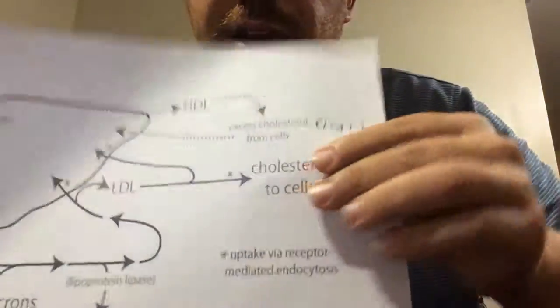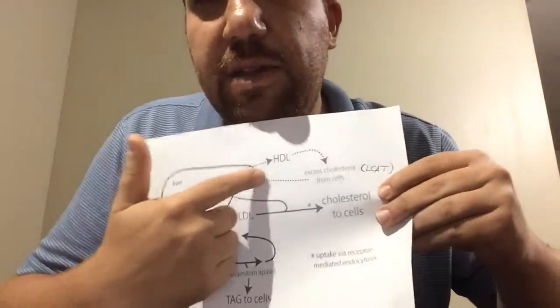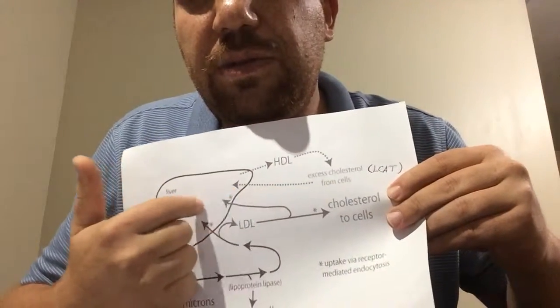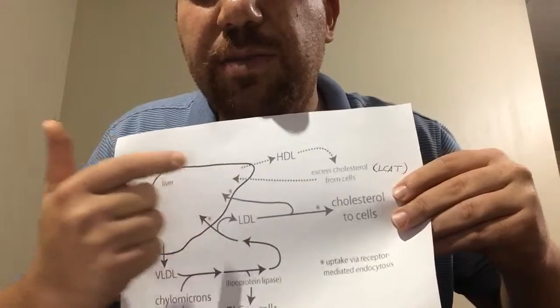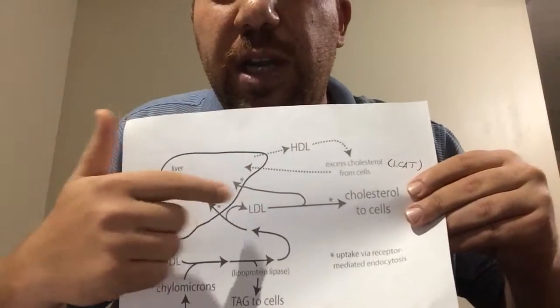This HDL will be taken up by the liver through attachment to a receptor called SR-B1, and these receptors are very important in removing excess cholesterol. Excess cholesterol will be released from the liver into bile and get out of our body.